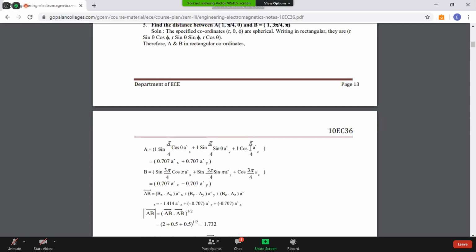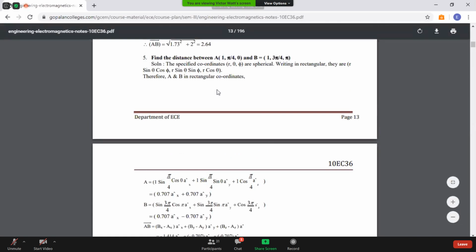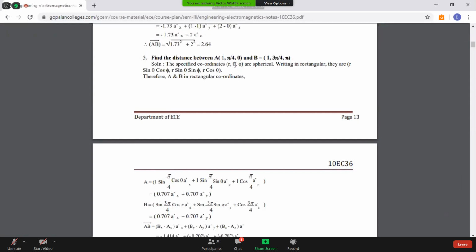Is this what you're talking about? Because R is 1. R cos theta, and theta is pi by 4.